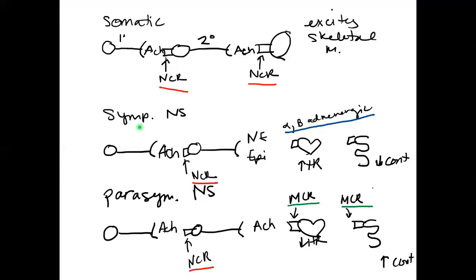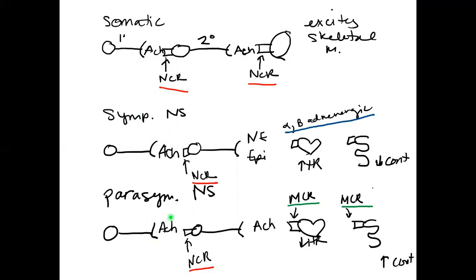For sympathetic nervous system and parasympathetic nervous system, notice that it's the same as somatic for the first synapse. So for sympathetic nervous system, if you look at that one, notice how the first nerve releases acetylcholine. It's going to bind to nicotinic cholinergic receptors and excite the second nerve. Same thing with parasympathetic.